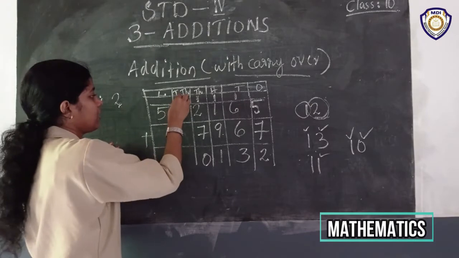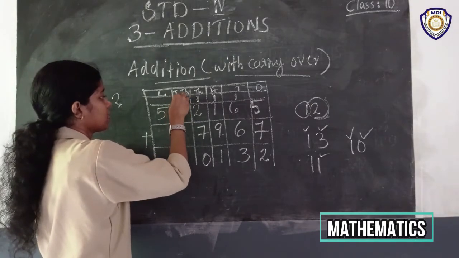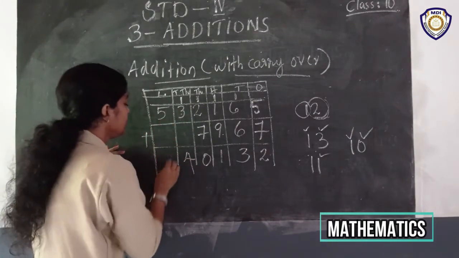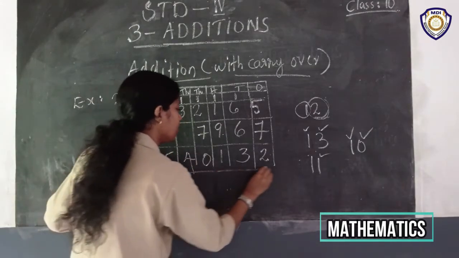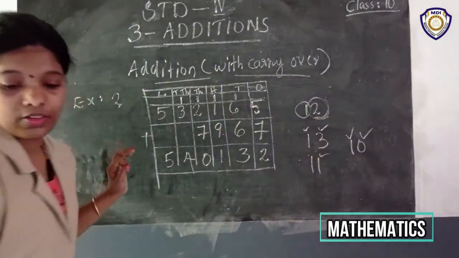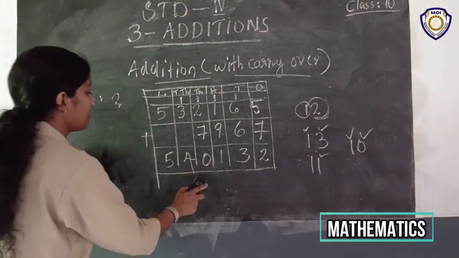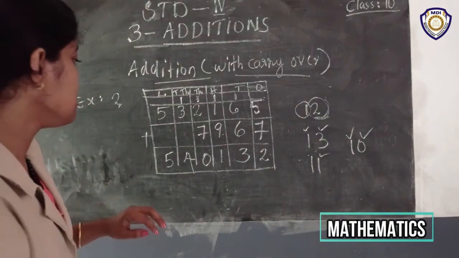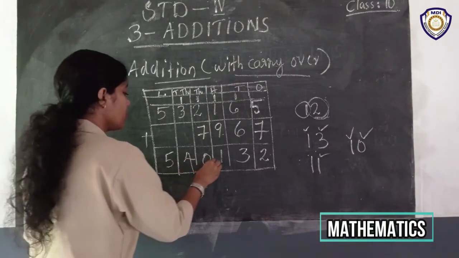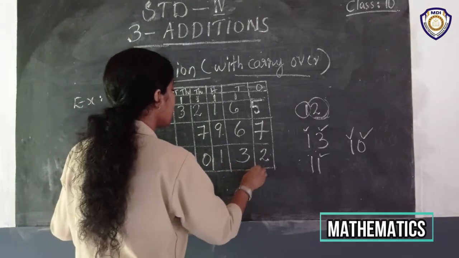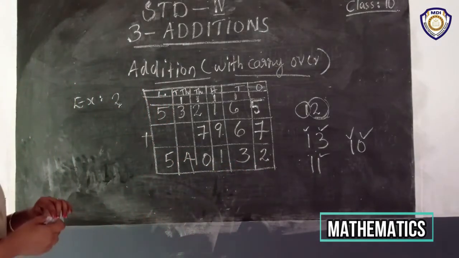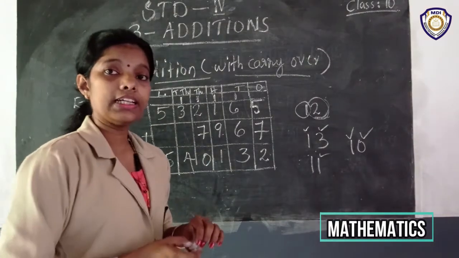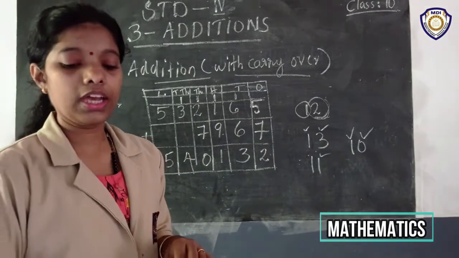Then add these two numbers, 4 and 5. We get the answer: 5 lakh 40,132.